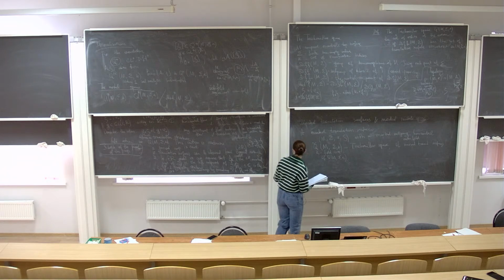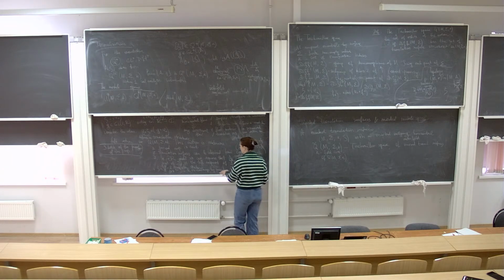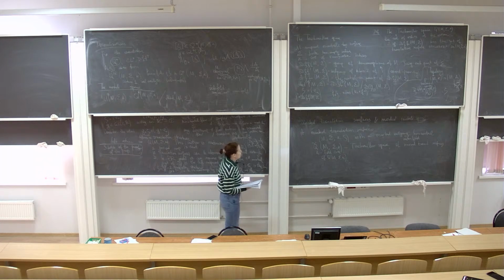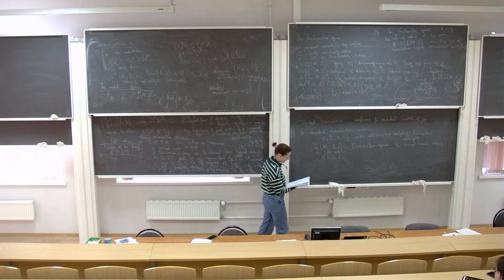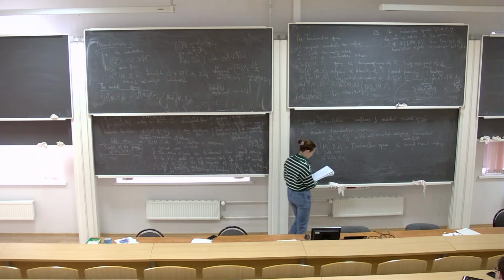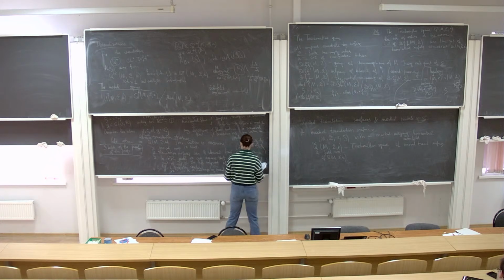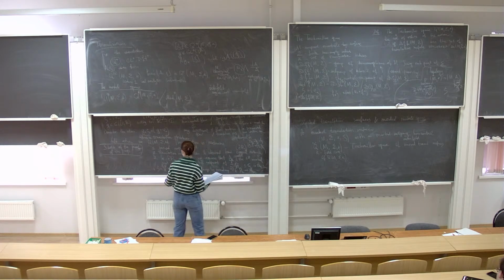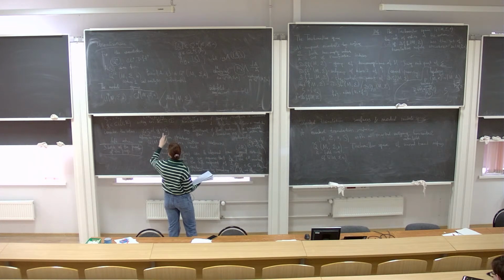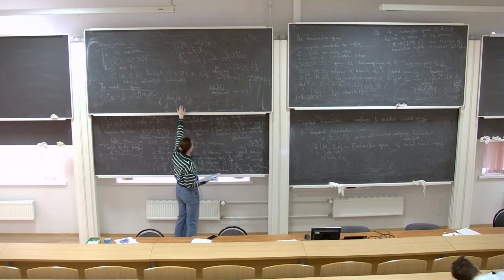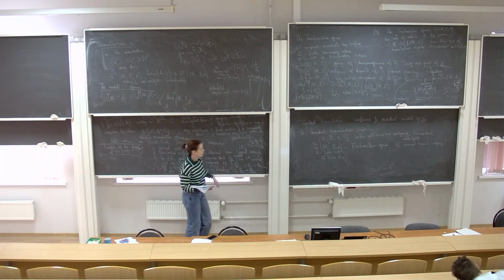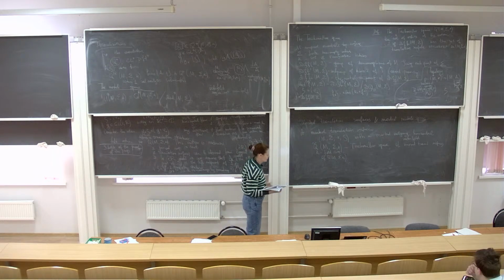Marked translation surfaces are very different from those that we discussed here because they cannot have non-trivial automorphisms. And thus, we can see that this group, the modular group, acts freely. So there are no orbifolds if we restrict ourselves only to marked structures.